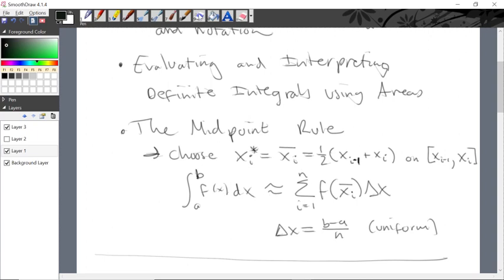If we wanted that approximation symbol to turn into a strict equality symbol, that would require taking the limit as n goes to infinity of this sum, which again would not require the midpoint rule. It wouldn't matter which rule we chose if we were going to take the limit in the end anyway.